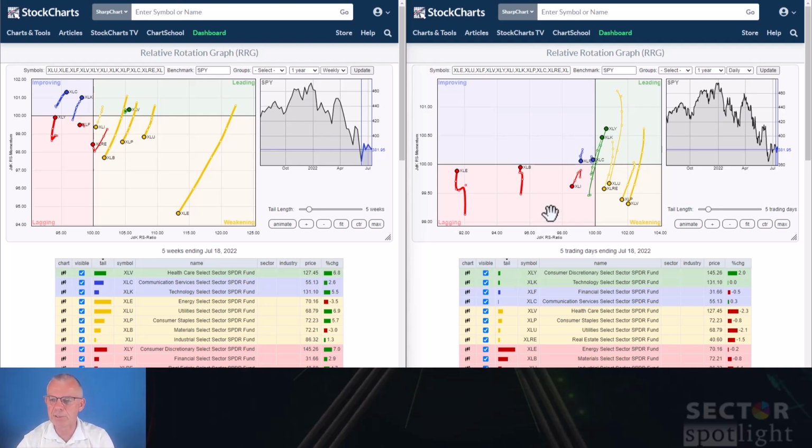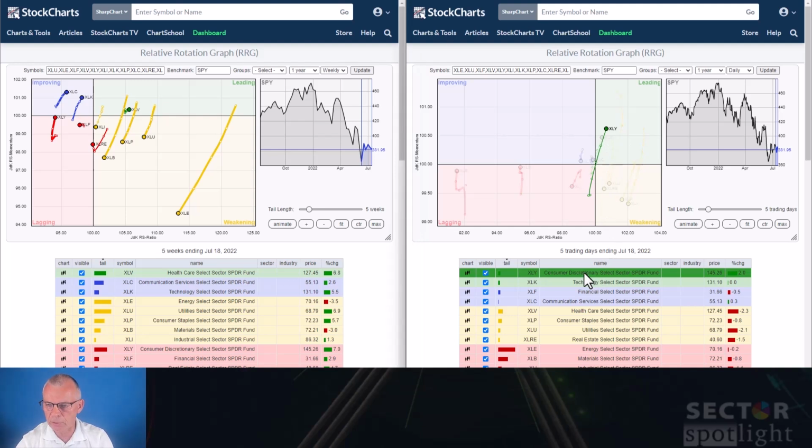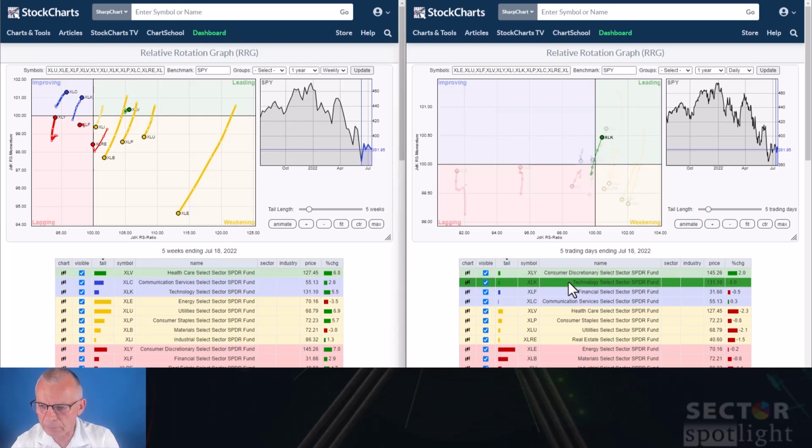And that's best visualized by the strong tails for XLY and XLK, which are both moving through the center of the chart from lagging into leading. So you got XLY, consumer discretionary, and technology, both making a rapid move from lagging into the leading quadrant at a nice RRG heading. So that's a positive move, it's a positive tail for both of these sectors.